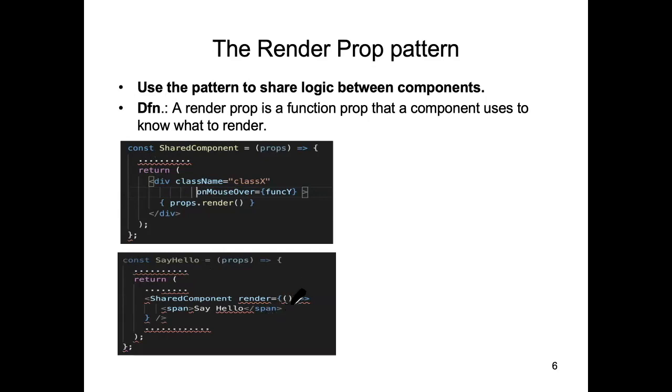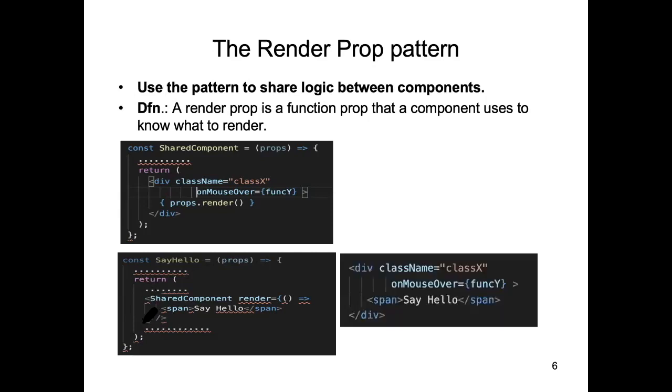So this function returns what looks like a span, which means if we looked at the runtime outcome of this overall piece of code, it would look like that. The div and the on mouse click handler, all of that is coming from up here. The span is coming from the render prop, and then the closing div.